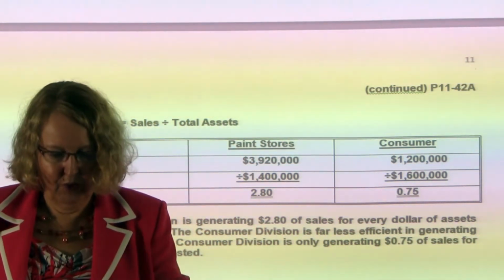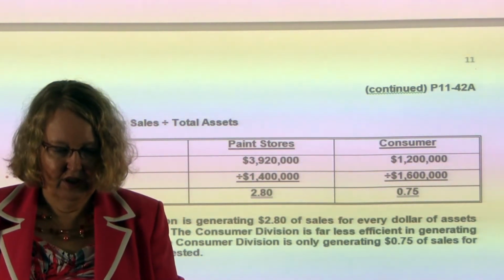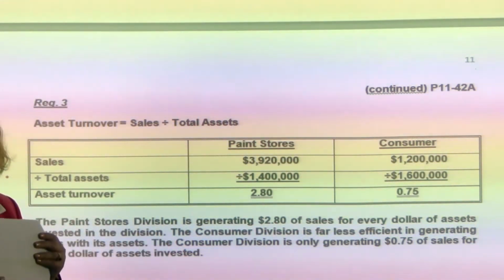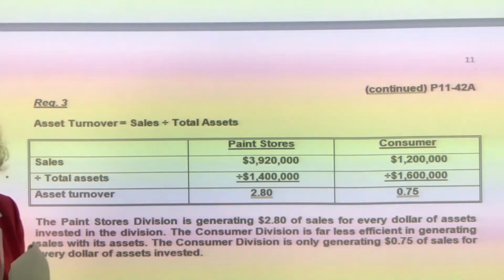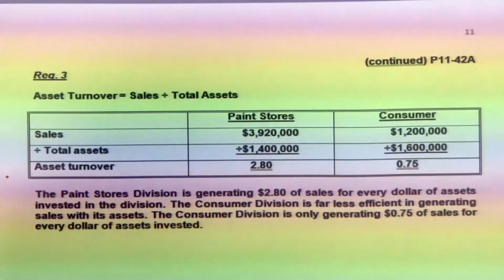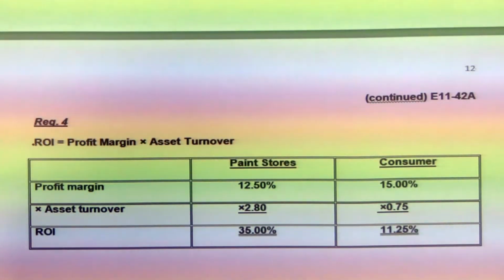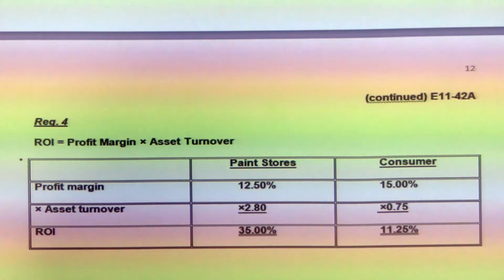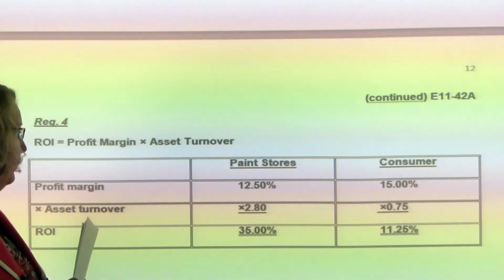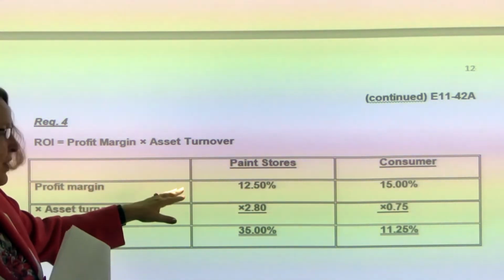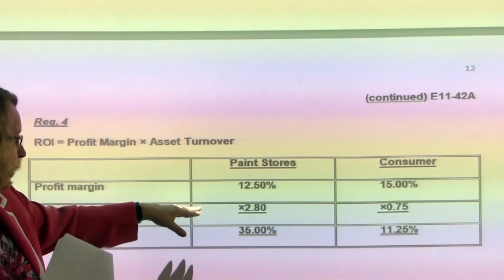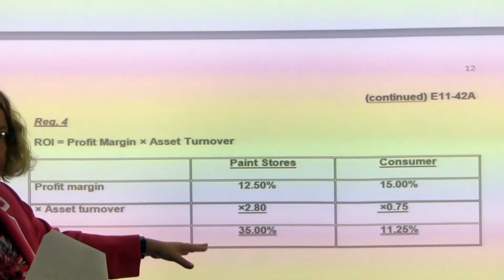Requirement 4, again, we're going to look at another way to calculate the ROI, or return on investment, which is the expanded formula. So for the expanded formula, it's profit margin times asset turnover. So we've already calculated the profit margin and the asset turnover. You multiply them out, and that will give you your return on investment.